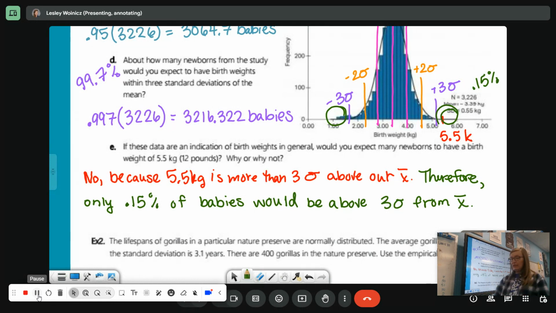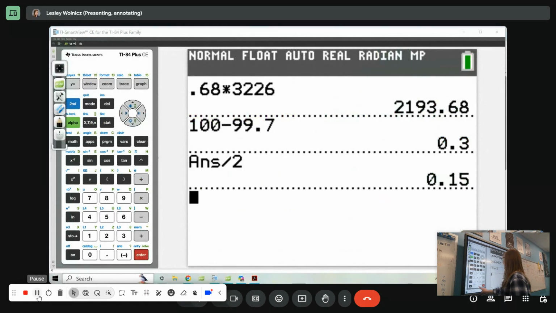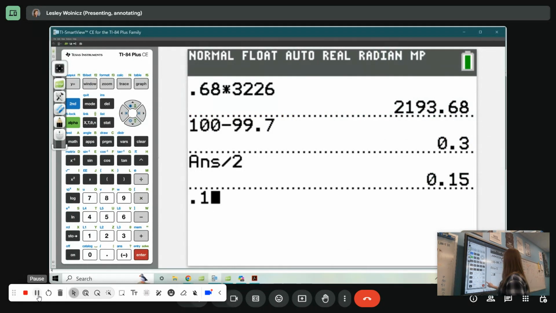So if we did 0.15, okay, the 0.15 is a percent. So if I converted that into a decimal, that would be 0.15 divided by 100.